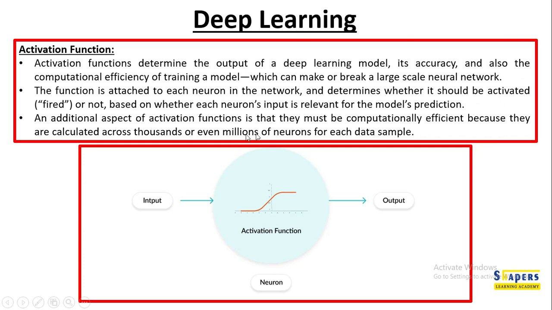When we say computationally efficient, it means the function has to be efficient to take the right decision, because the decision the activation function takes will determine the output.